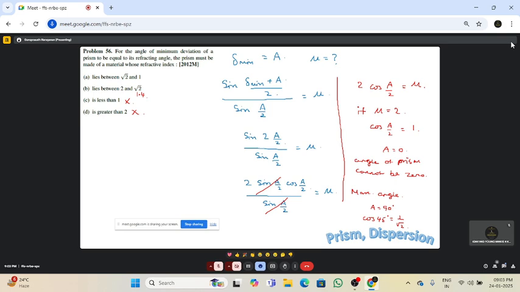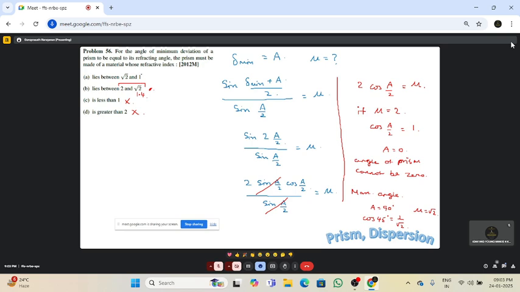So mu will be root 2 in that case. So that means it can take anywhere between 2 and root 2. Is that right? Yes, sir. Okay, that sounds correct to me.